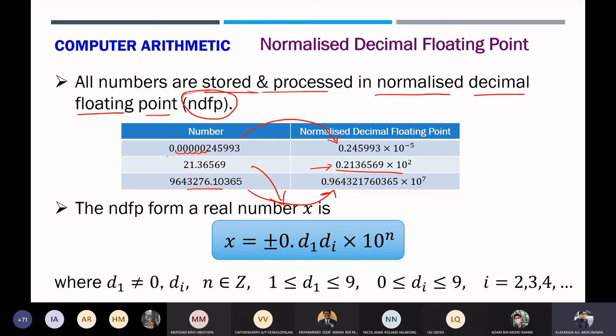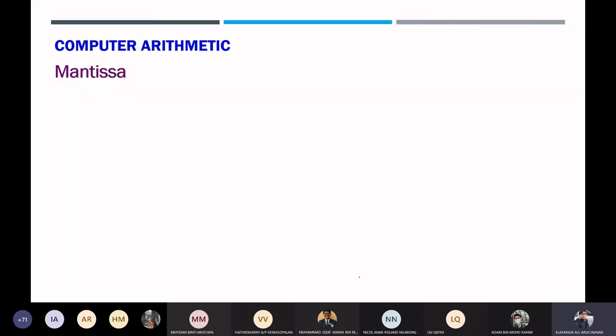The d1 usually must be a non-zero value, and the di can be between 1 to 9. At the same time, remember the number itself can be plus or minus any number.